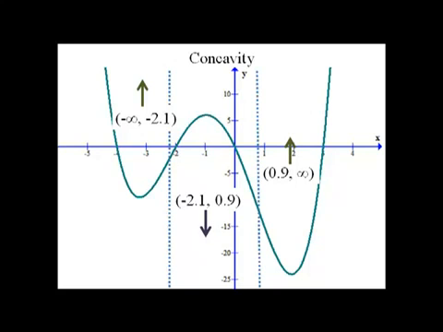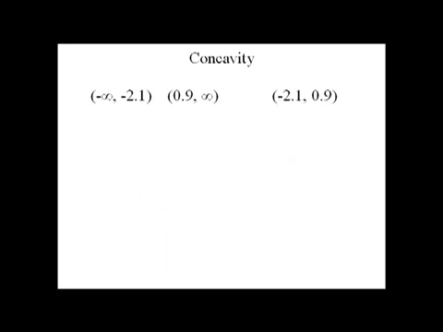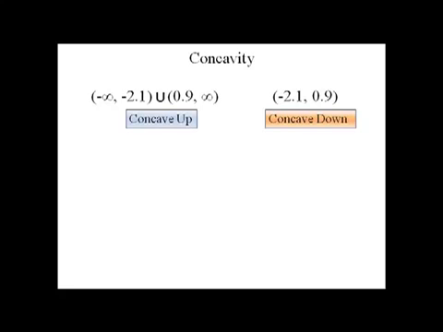Now we will write this up in interval notation, and we're going to group the 2 that are concave up together just like we did before, and union those together with a U. So from -infinity to -2.1 and from 0.9 to infinity it's concave up. From -2.1 to 0.9 it's concave down.